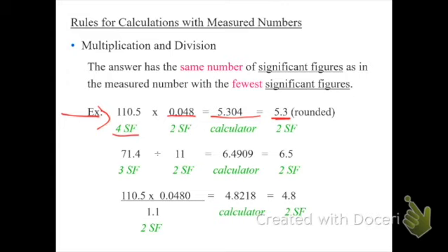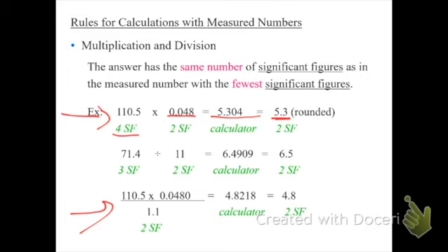Now we have the last one here. We are multiplying 110.5 times 0.0480 divided by 1.1. Now we're going to count the number of significant figures in each one and write down the fewest. As you can see, 110.5 has 4, 0.0480 has 3, and 1.1 has 2.